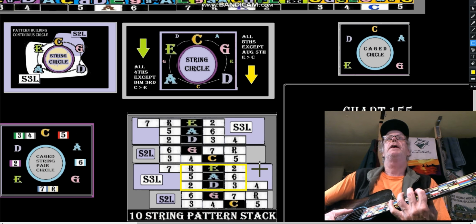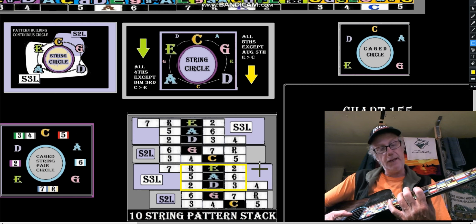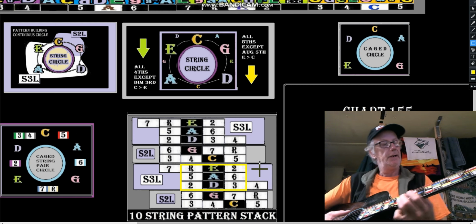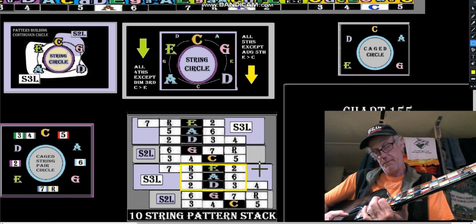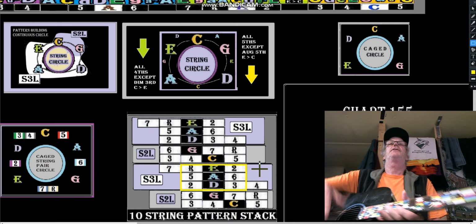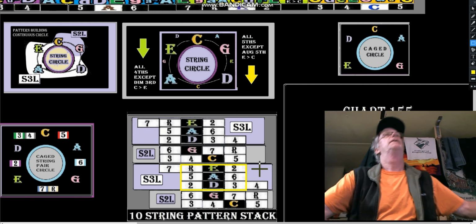So it's 6, root, and then 2, 3, 5, 6, root 2. In D, it's right off the bottom string, 2, 3, 5, 6, root 2. So that's our little S3S.